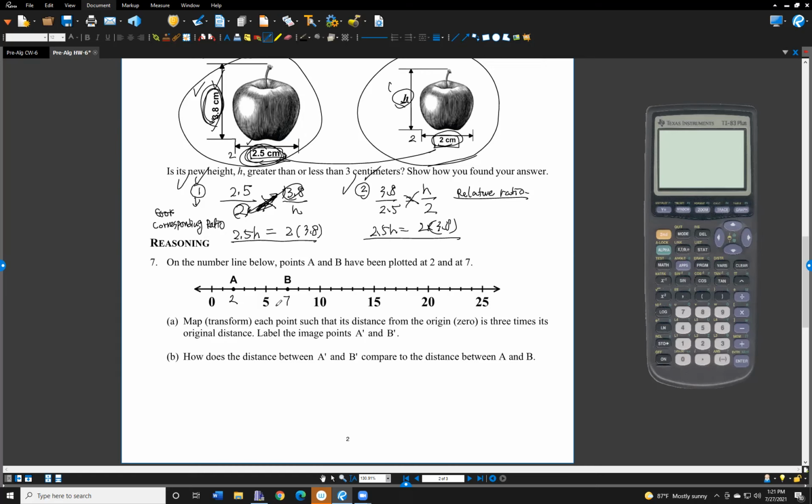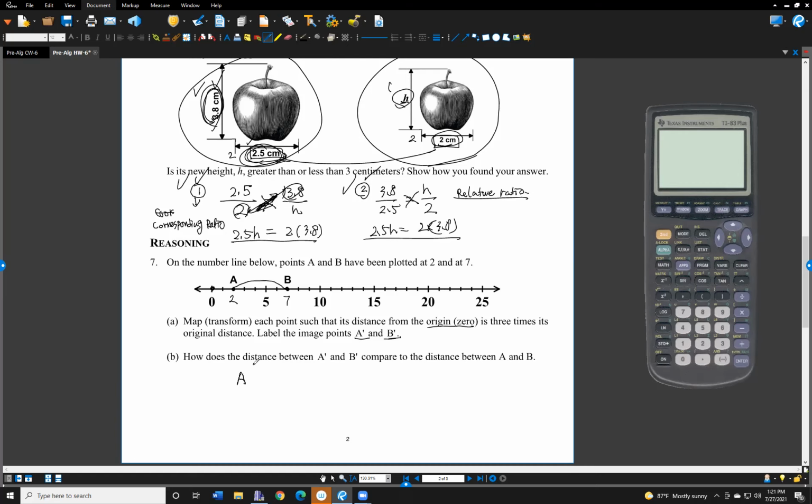It's going to be 3 times its original distance. Okay, label the image A prime, B prime. AB, their distance increases by 3 times from where? From the center, right? From the origin, from your center.